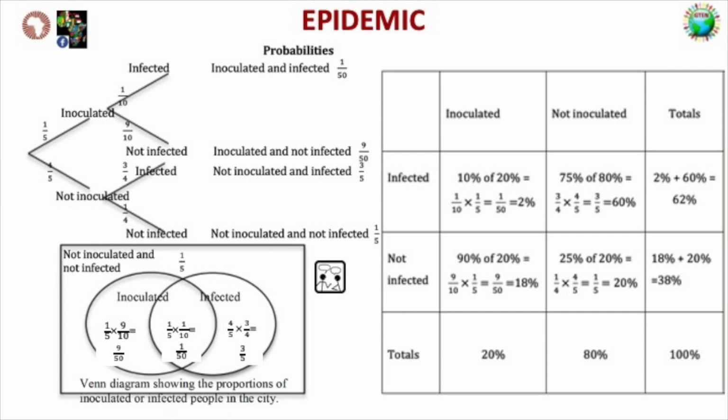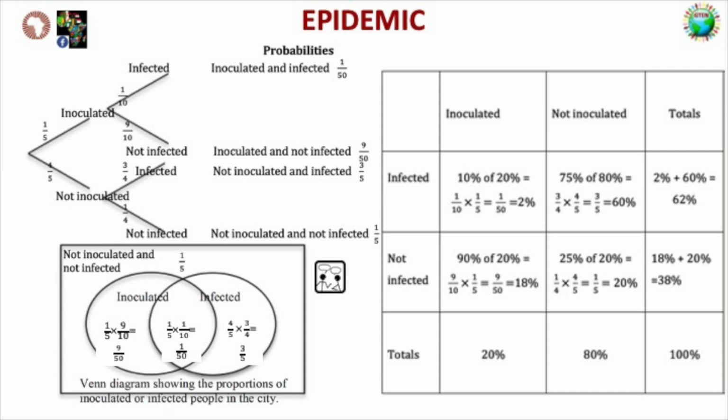So again, you can pause the video and fill all these answers in before you go on playing it. You should really try and do it yourself. So here are the answers to the questions we just asked. And you'll see that the three diagrams all agree with each other.